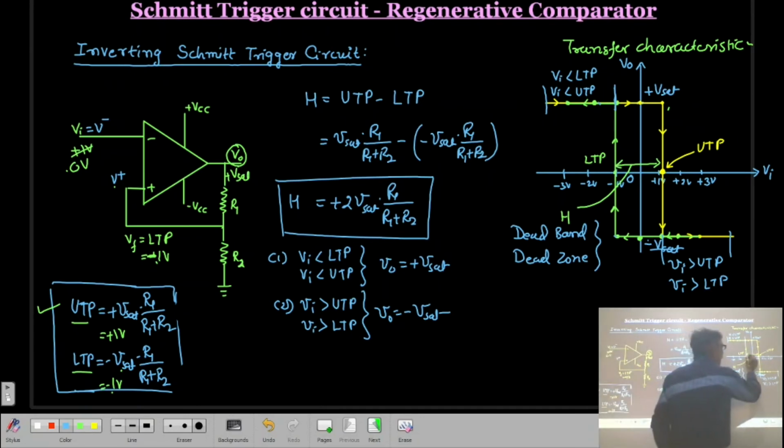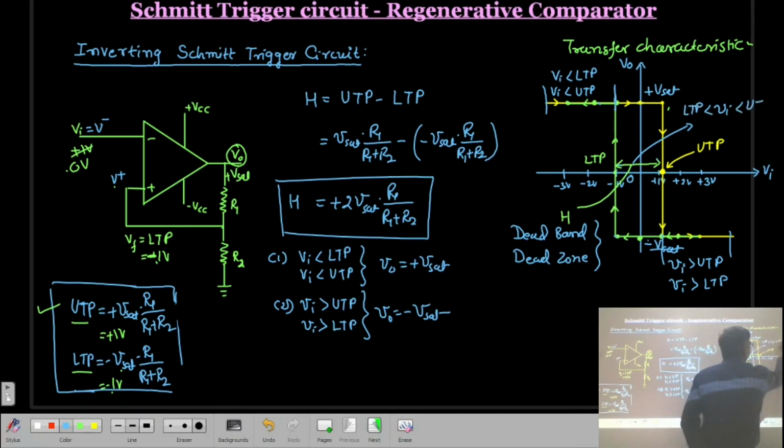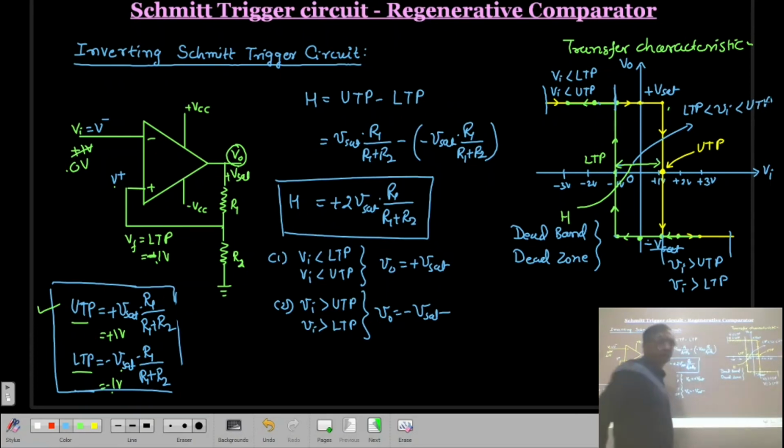And here, this is the region where the input voltage is between the LTP and the UTP. So in this case, the output of the Schmitt trigger is not going to change. It remains in the previous state.